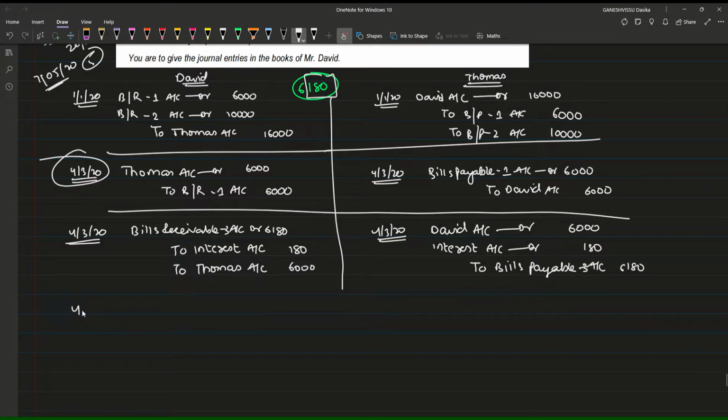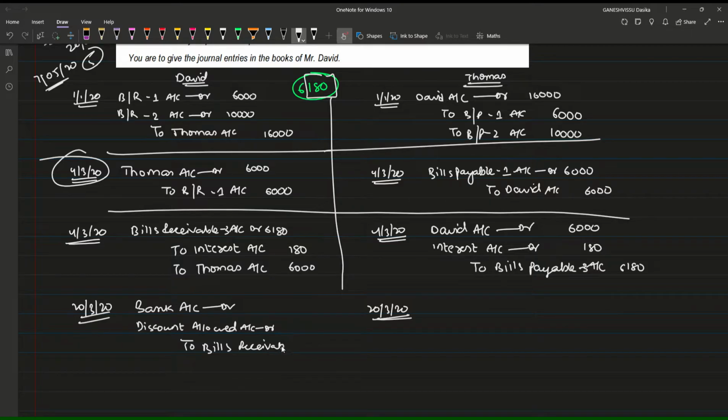On 20th March 2020, the amount is receivable, for which we write the entry: bank account debtor, and discount allowed account debtor, to bills receivable 2 account. The 10,000 amount is this one; 9,900 is receivable, 100 rupees is the discount allowed.